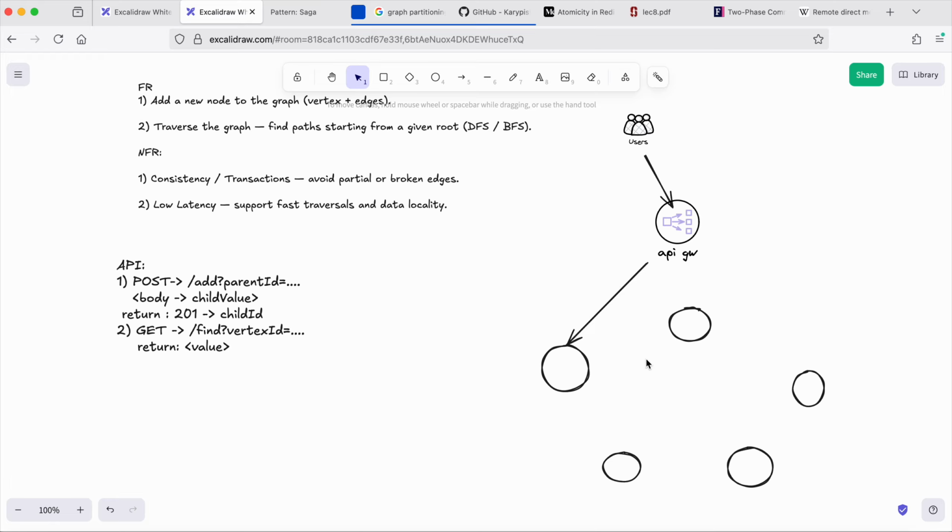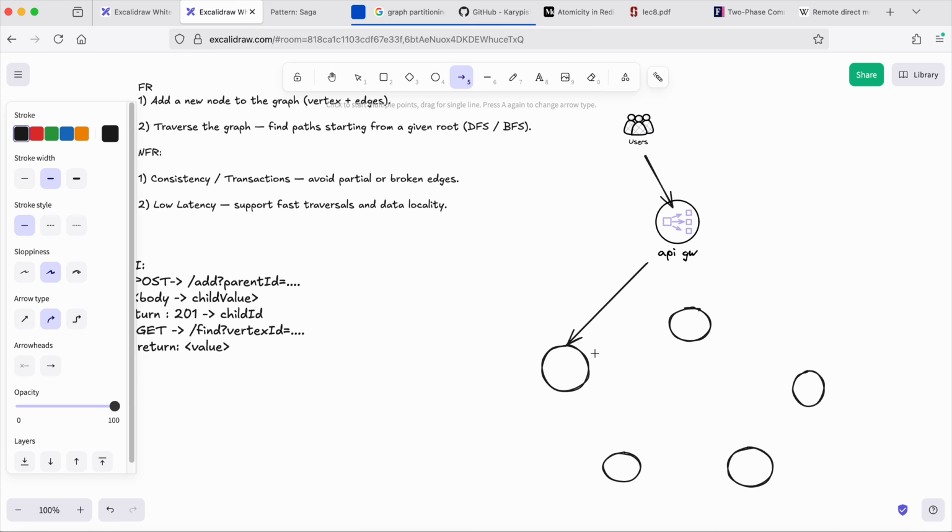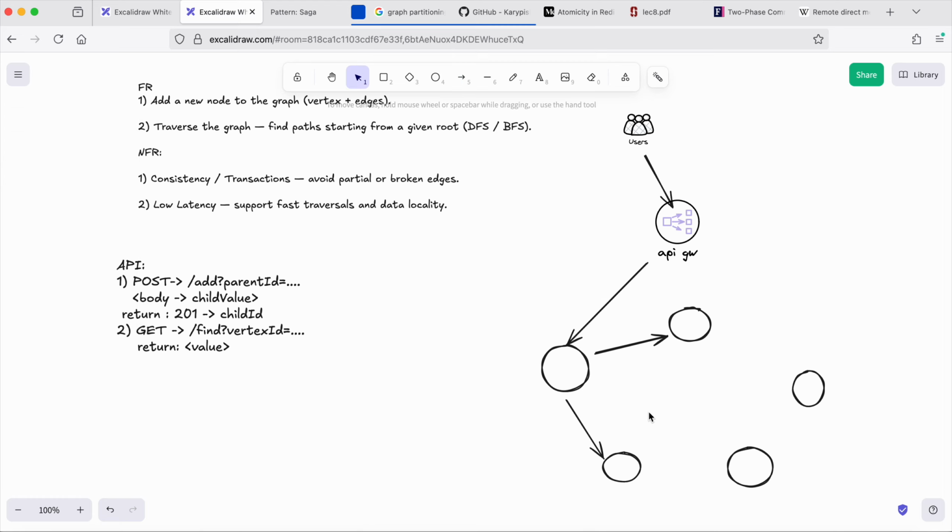We have the same approach for the write flow. We are going to add the data using a POST, and this local coordinator will work with other nodes to find the related places where we should add the data.